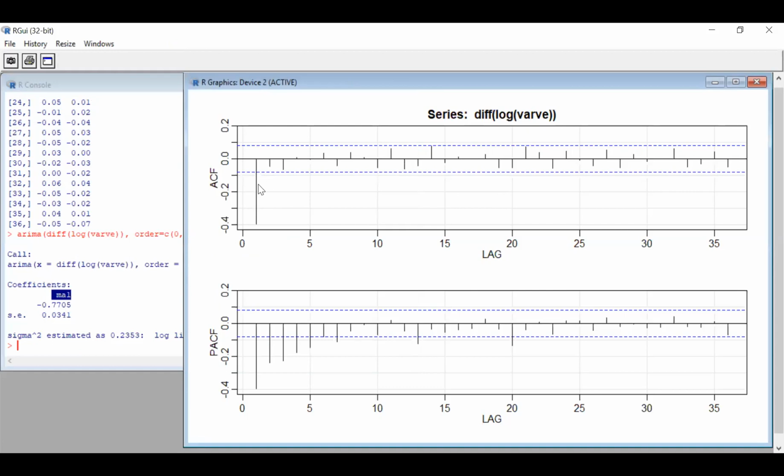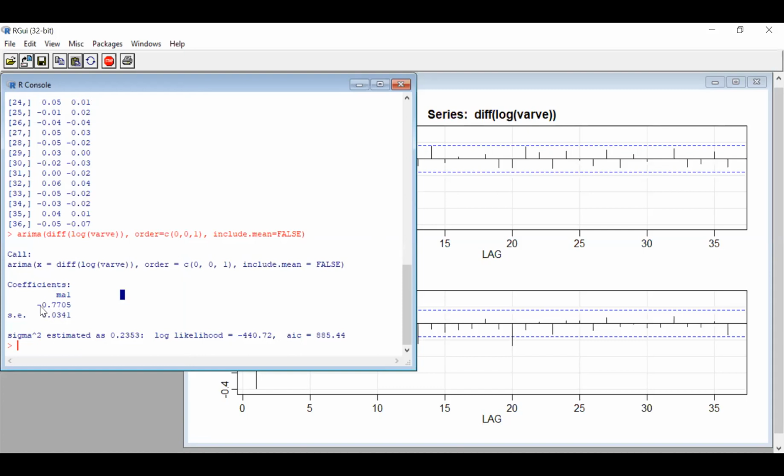It's a negative correlation with the neighbors. So because of that, the slope for the MA parameter is negative 0.77, and the standard error is 0.0341. And here is no constant, right? And let me try again. Let me delete the difference function.